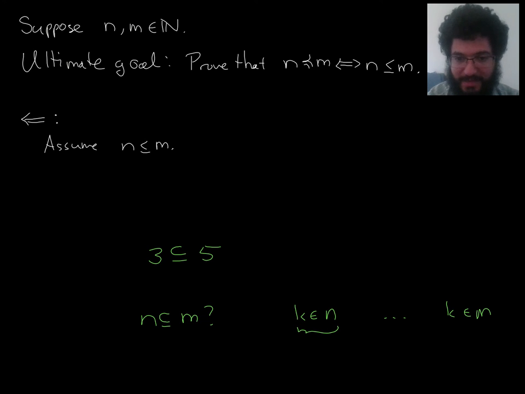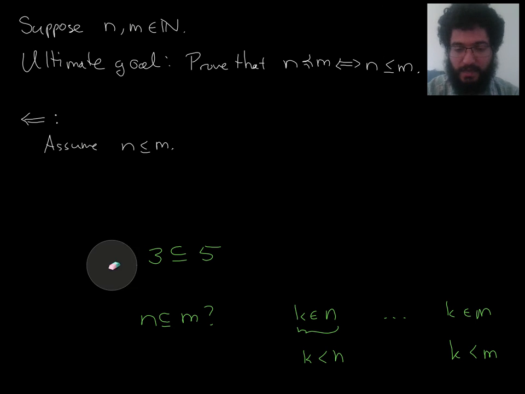But remember, in our particular and kind of strange way of constructing the natural numbers, k in n is just another way of saying k less than n, and k in m is another way of saying k less than m. And do you think it's true that if k is less than n, then k is less than m? Yes, due to transitivity of less than.